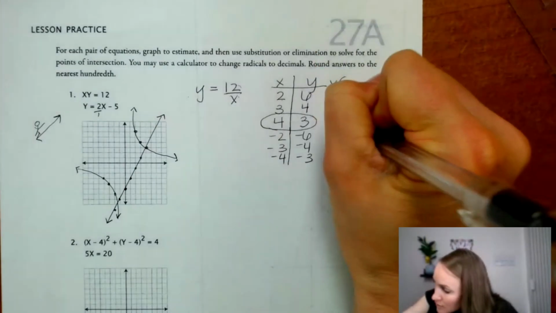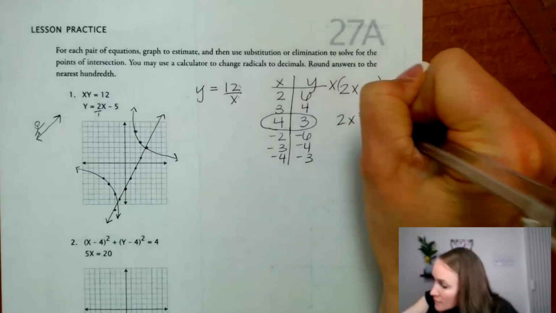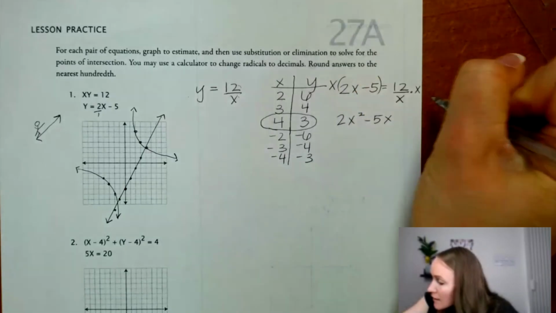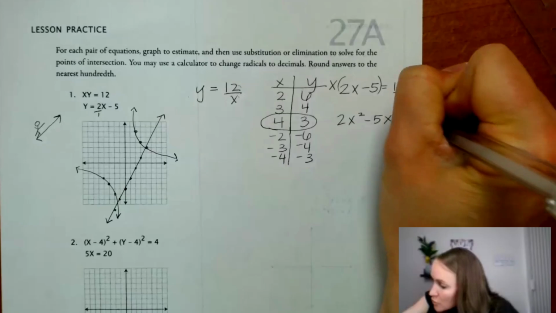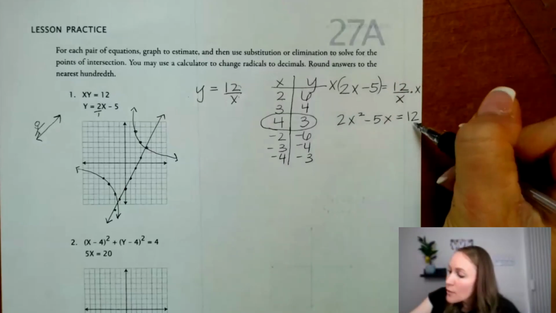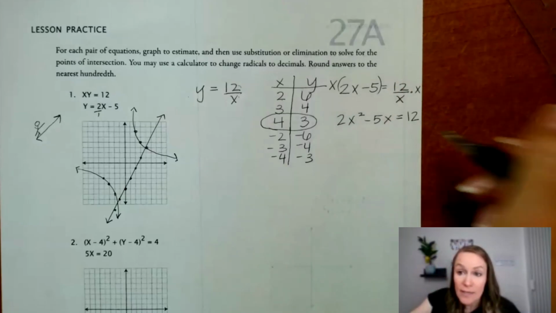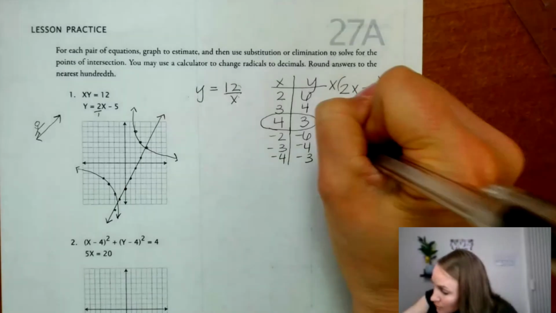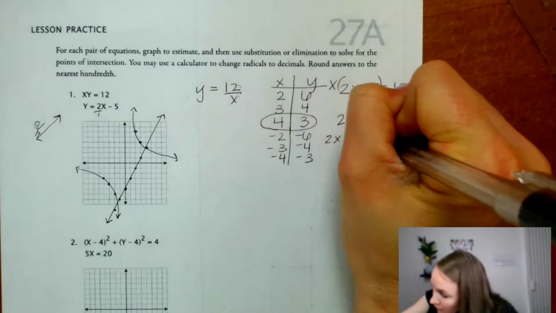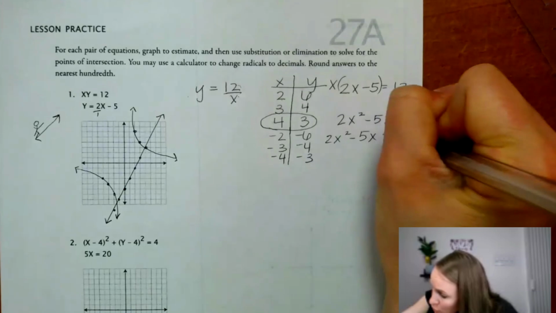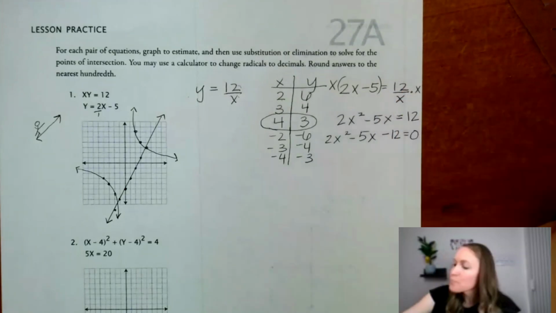So I get 2x squared minus 5x equals 12. Okay, I'm going to go ahead and subtract 12 to set it equal to 0. 2x squared minus 5x minus 12 equals 0.